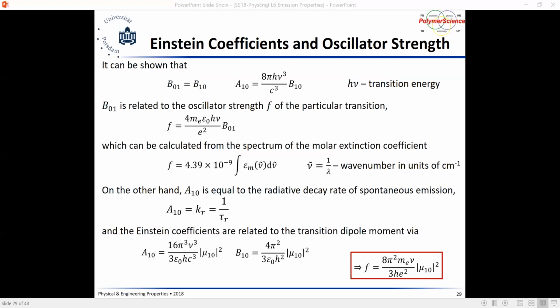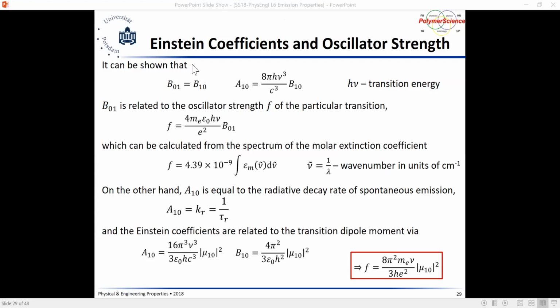Oscillator strength means the strength of the coupling, let's say in absorption, between a dipole and the electromagnetic field, so your light, relative to the standard oscillator consisting of just a single electron of mass m_e.